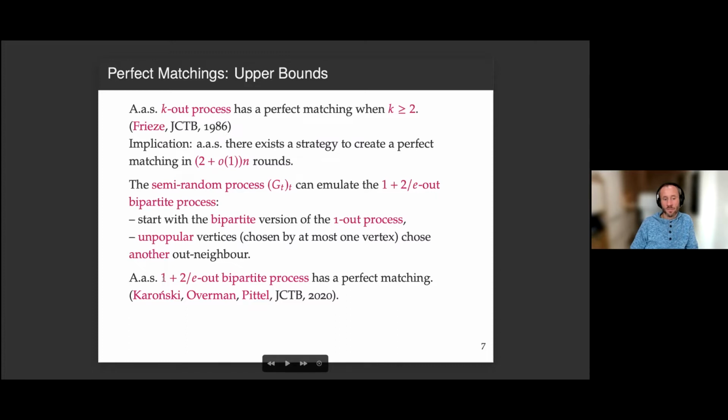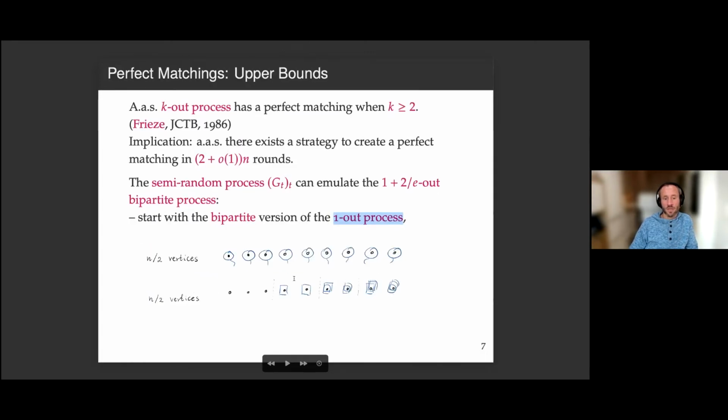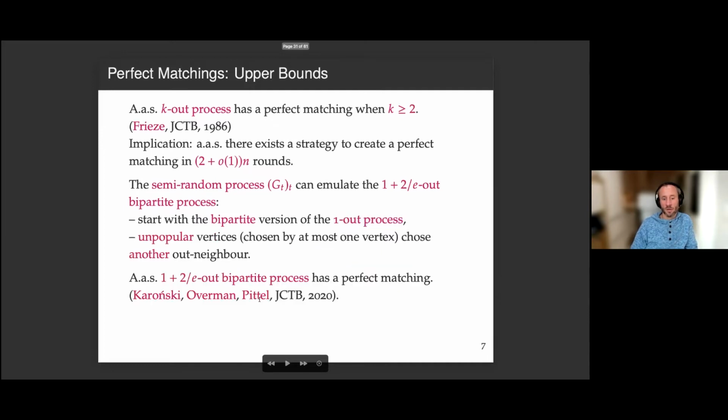The initial paper was showing that we don't need to give extra power to those vertices; it's enough to give it only to those with 0 squares. So there is an older version of that paper, available and published in JCTB, which announced that the 1 plus 1 over e out process has the matching.